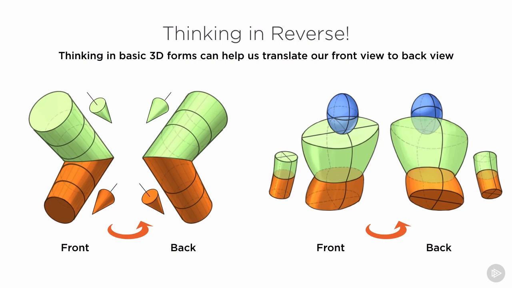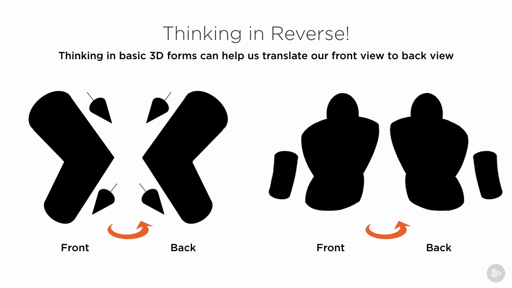Even the head ball is partially hidden behind the torso in this view. Both of these examples show how to correctly use one view to translate the 3D forms 180 degrees in space. And notice that the silhouettes of both the front and back views in each of these examples remain exactly the same, only they have been flipped horizontally.